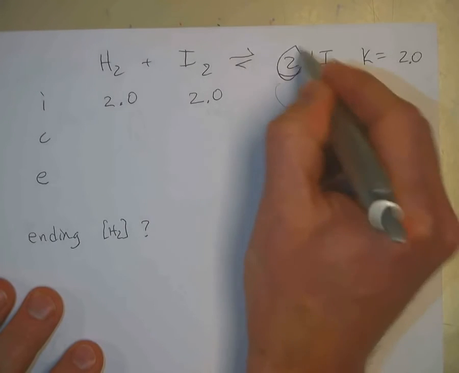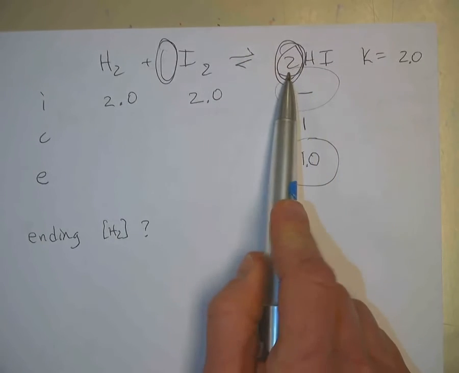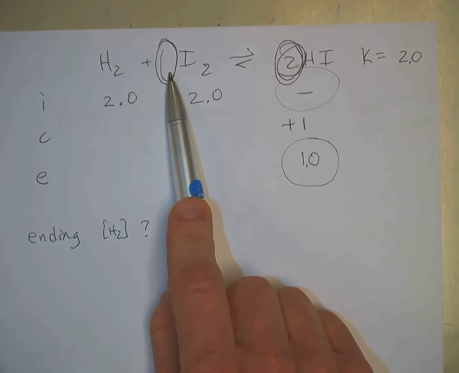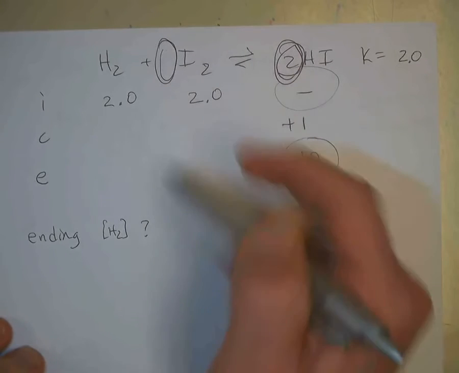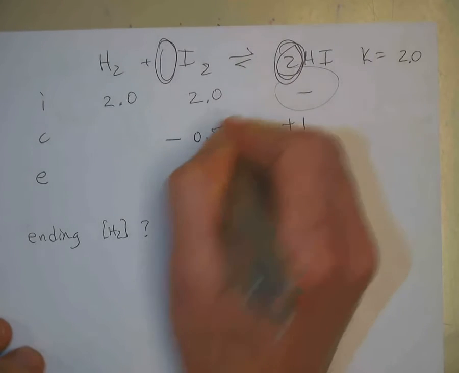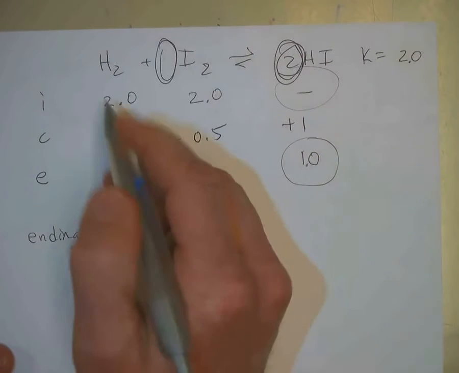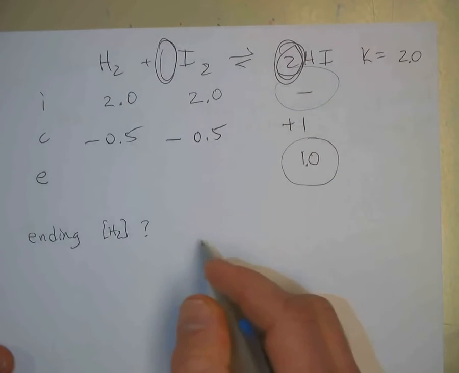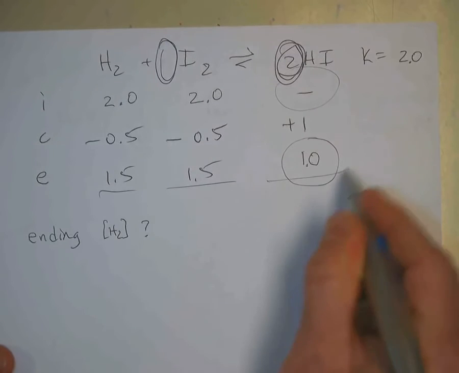And look at the stoichiometry, 2 to 1. For every 2 that I gain over here, I lose 1 over here. Since I only gained 1, I'll actually lose 1/2 over here. And since I lost 1 here, I would lose 0.5 over here. And so I would have ended up with 1.5, 1.5, and 1 over here.